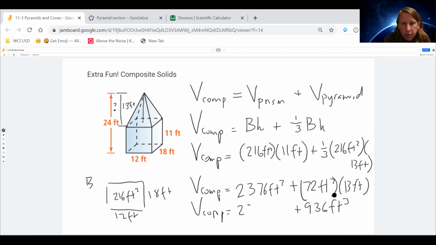So the final answer here is if we add 2,376 cubes plus 936 cubes, we get 2,376 plus 936. The final answer is 3,312 lovely feet cubes will fit in this shape.